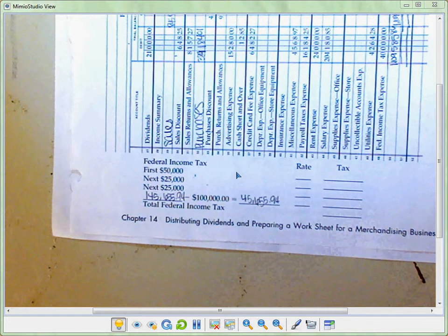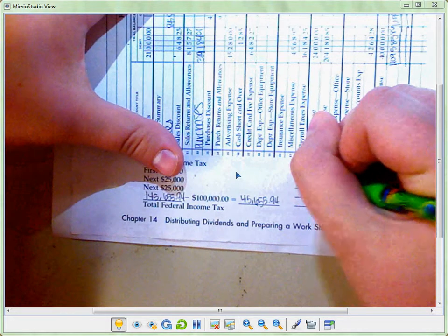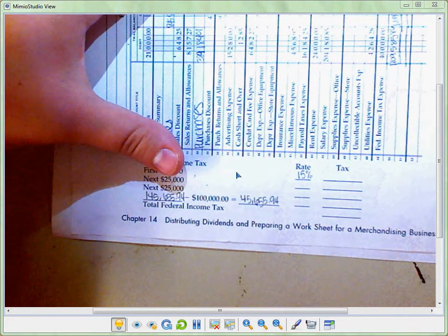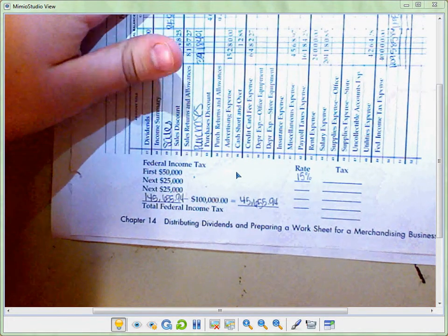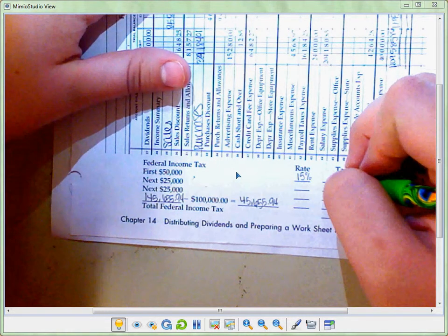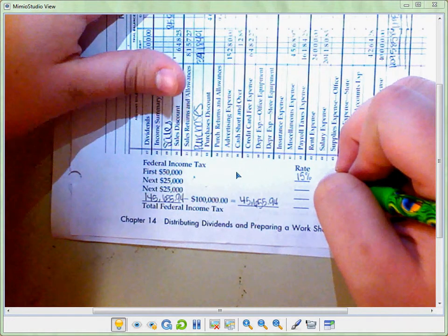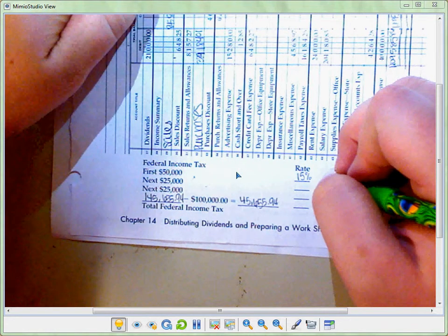Okay, so from the pink chart, what is our rate for the first $50,000? Okay, so we're just writing 15% on the rate, and then you'll take that times 50,000. You mean like 50,000 times 15%? Yep.